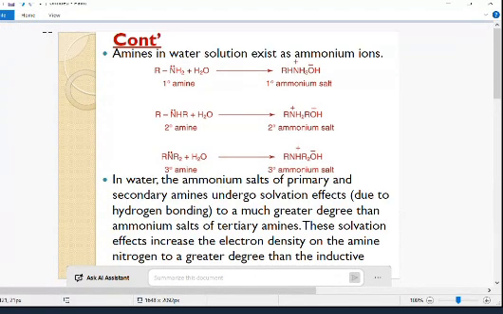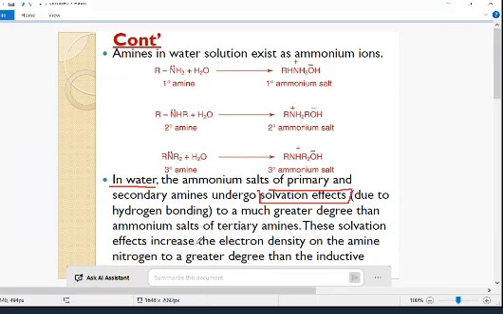But the most important point I wanted us to emphasize is that in water, the ammonium salts of primary and secondary amines will undergo what we call solvation through hydrogen bonding to a much greater degree than the ammonium salts of tertiary amines.